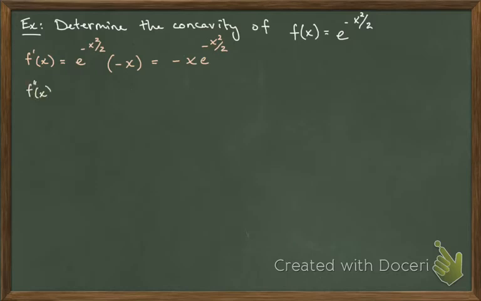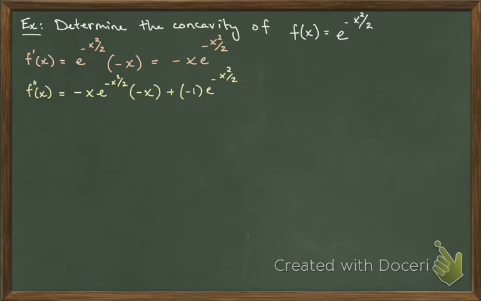So my second derivative then should go, the first is minus x times the derivative of the second, and again I see this same piece again, e to the minus x squared over 2, chain rule times another minus x. Okay, so that's the first part of my product rule. Second part, plus the second function, e to the minus x squared over 2, times the derivative of the first. Derivative of minus x is a minus 1.